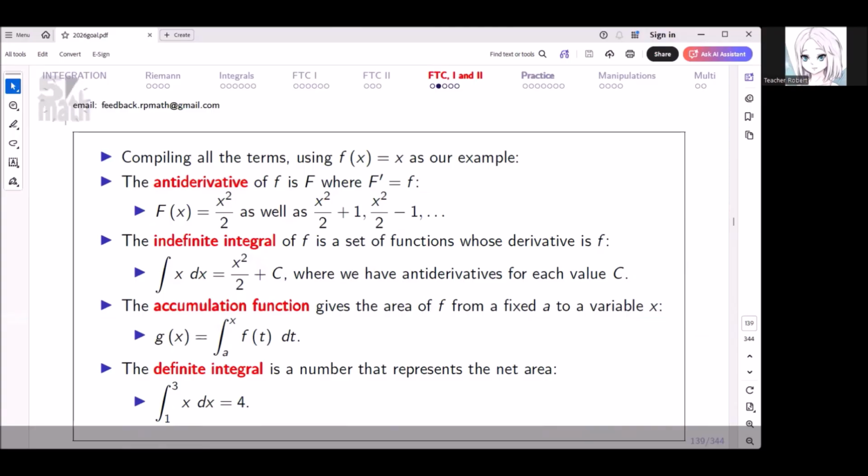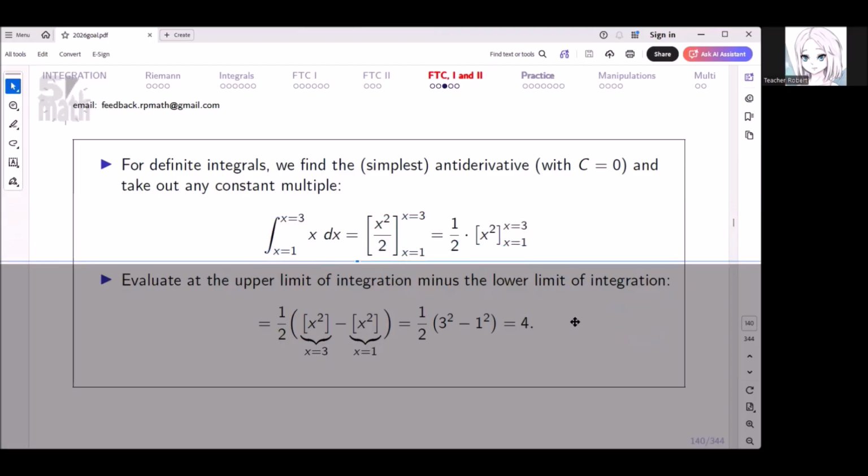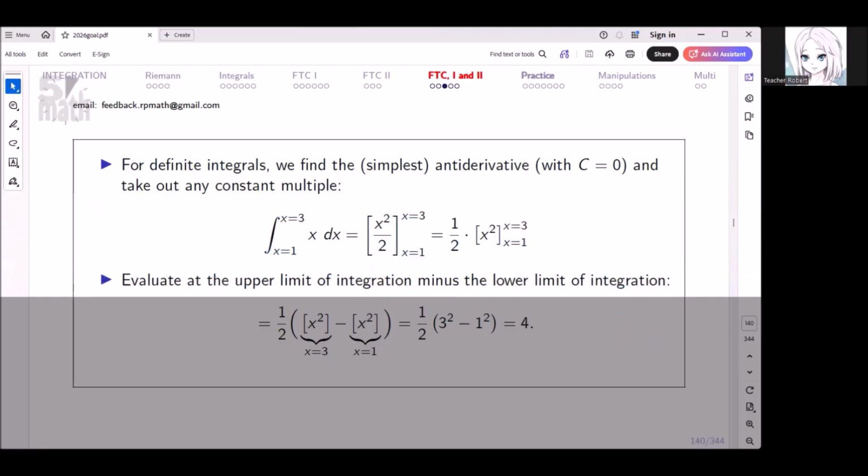Integral 1 to 3 x dx equals 4. For definite integrals, we find the simplest antiderivative with c equals 0 and take out any constant multiple. Evaluate at the upper limit of integration minus the lower limit of integration.